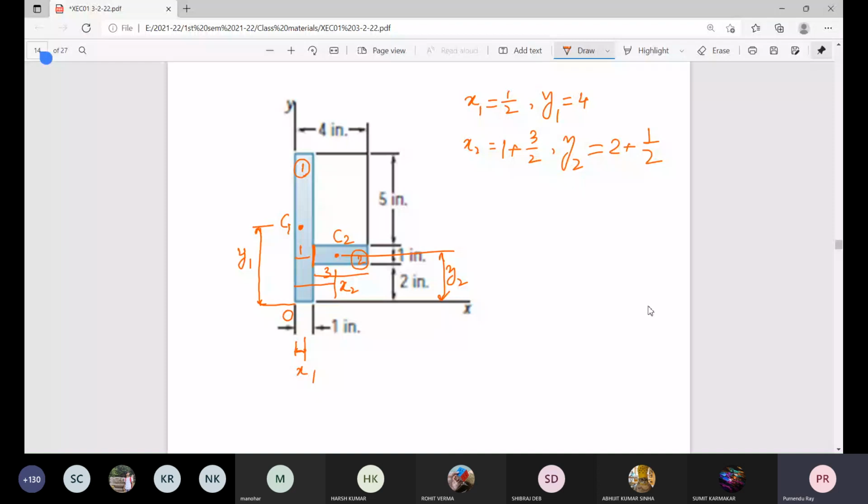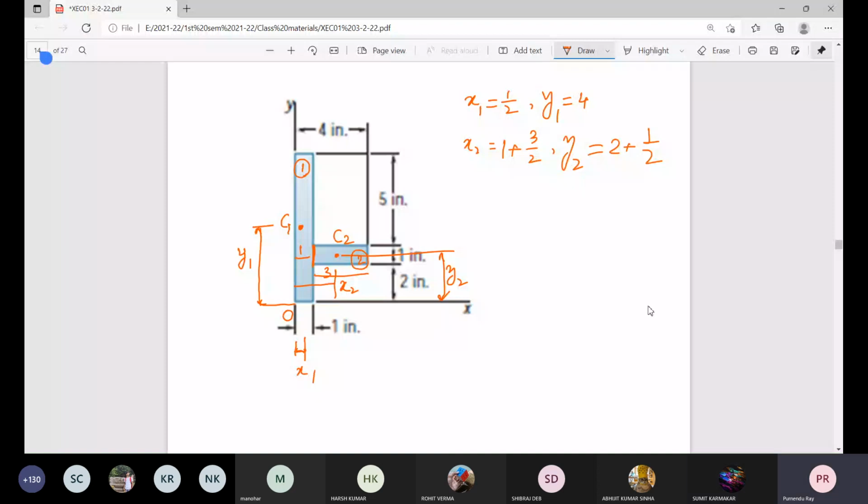And what about YC? YC is the summation of first moments of areas: A1 y1 plus A2 y2 divided by A1 plus A2. Okay.